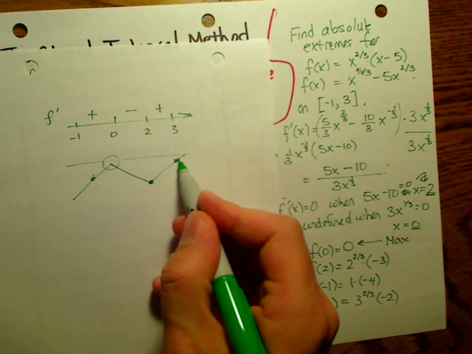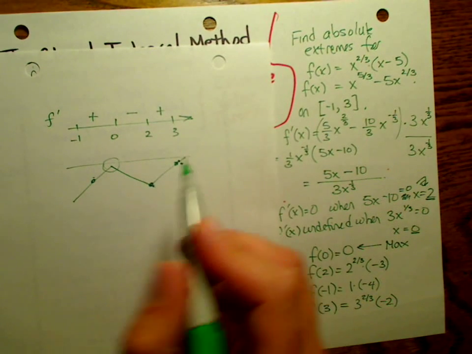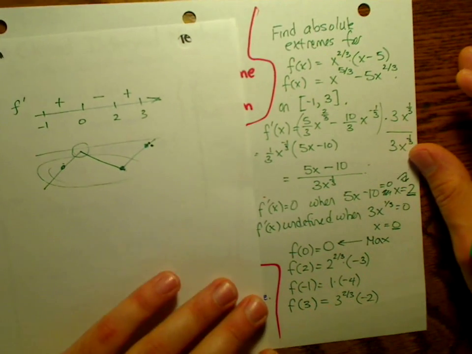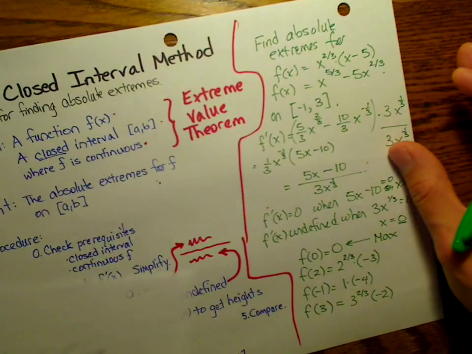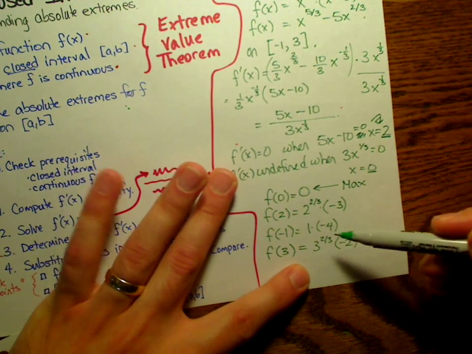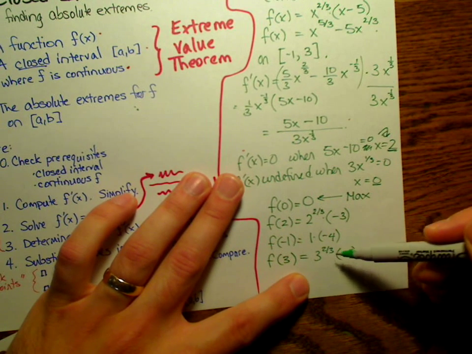Well, we know that the height at 2 is definitely less than the height at 3 because of this increasing. But other than that, it doesn't tell you between those two which is smaller. So sometimes you have to use other methods. For example, I know that 2 to the 2/3 is less than 3 to the 2/3.